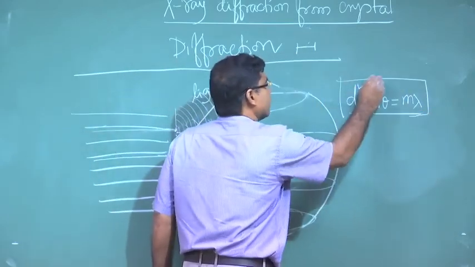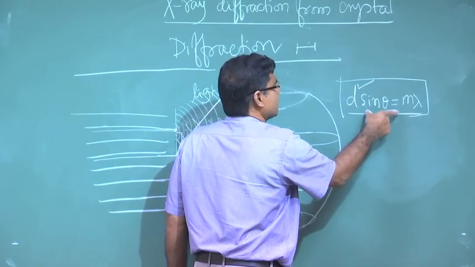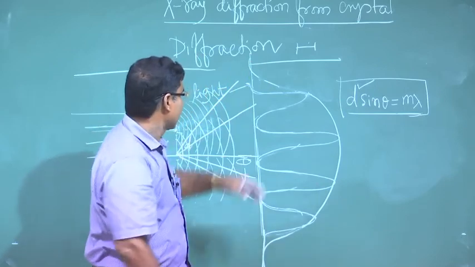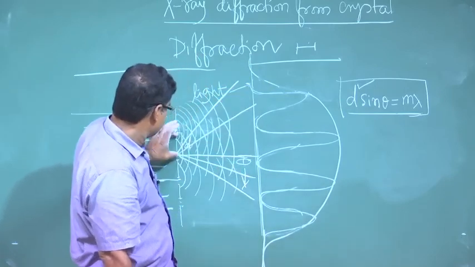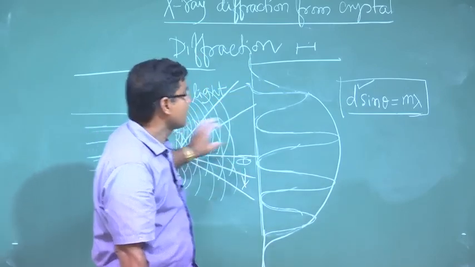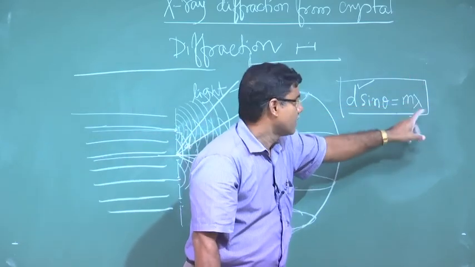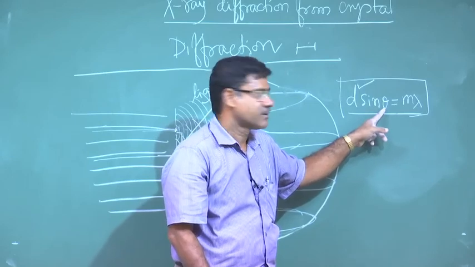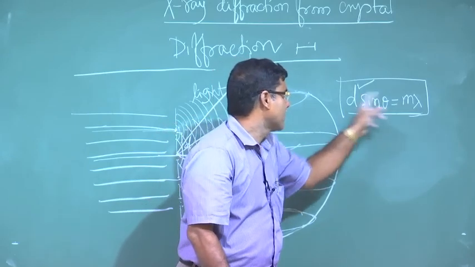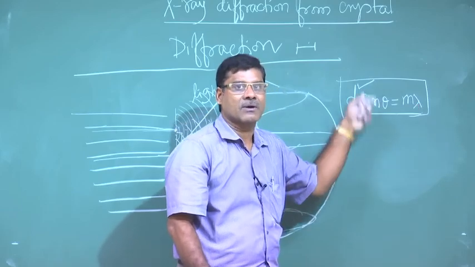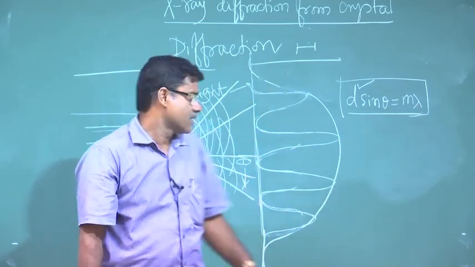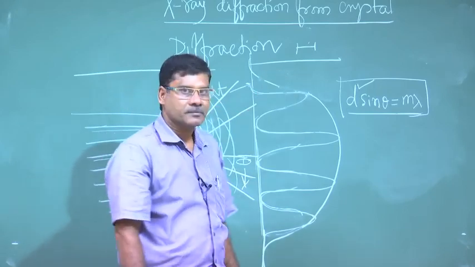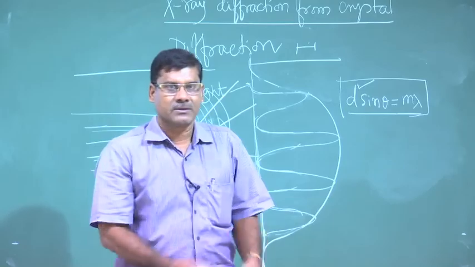From it, one can get information about the grating element, and also about the wavelength, if theta is measured and one of them is known. The other can be found from this grating experiment. I think I will stop here and continue in the next class. Thank you very much.